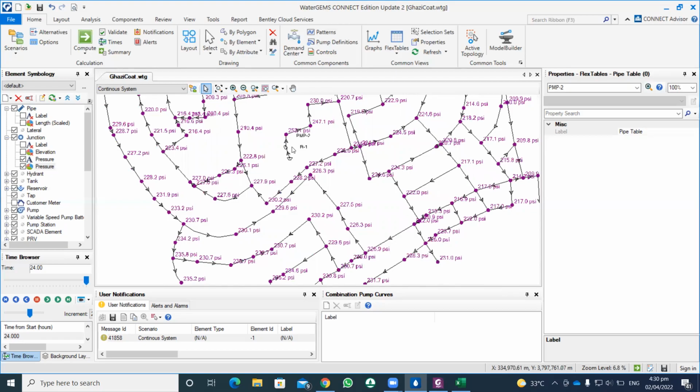In most cases such a pump will not be available, a pump that draws water at such a high volume and provides such a high head.